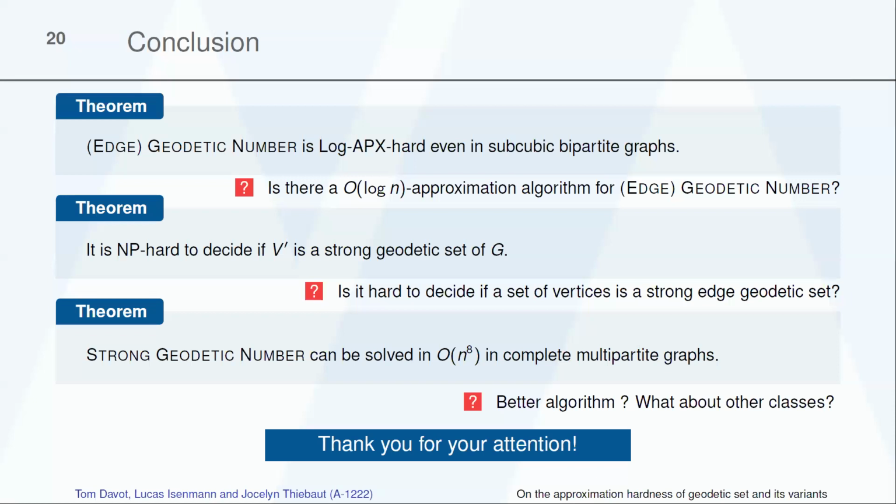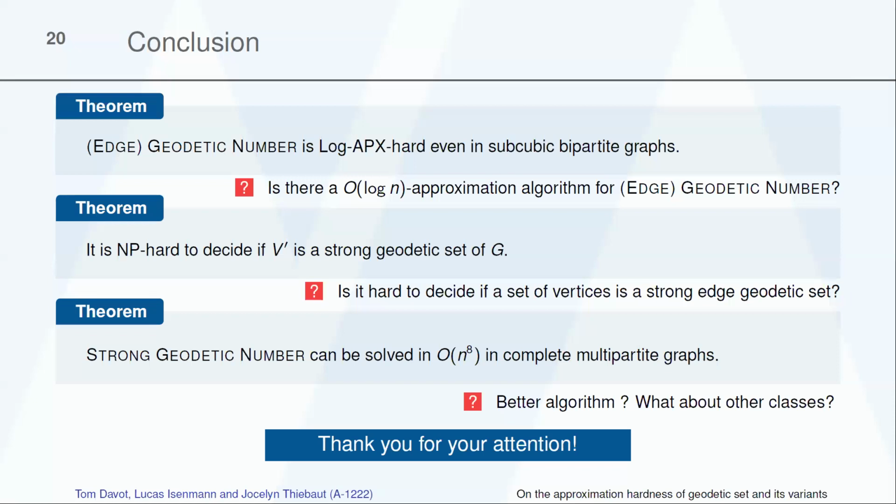This seems to be related somehow to metric dimension, where there are some results in parameterized complexity. But these relations are always like, there is some relation, but not really.